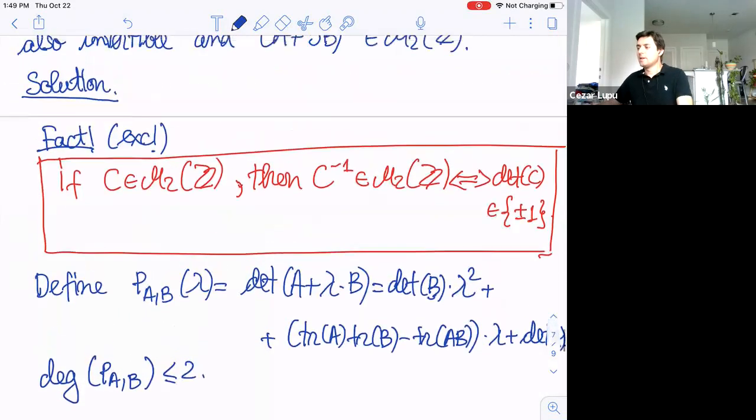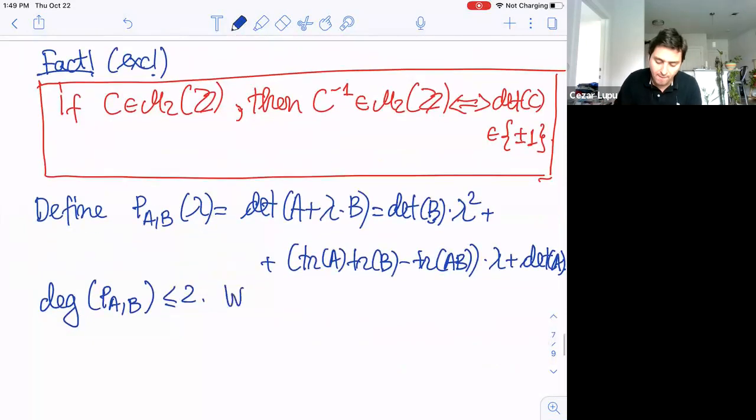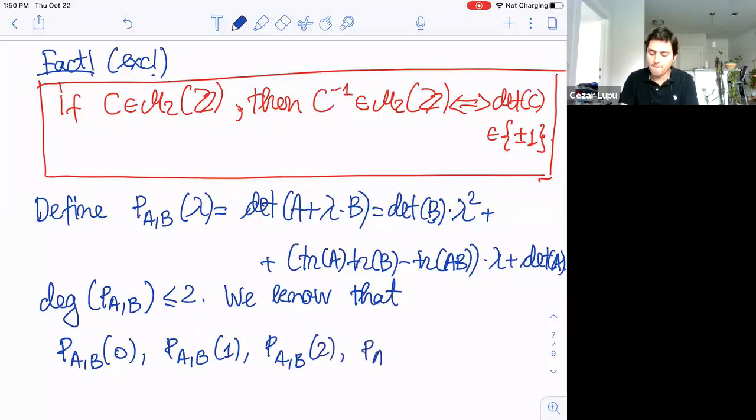Okay, and let's see, what do we know so far? We know that P_AB of 0, of 1, of 2, of 3, of 4.